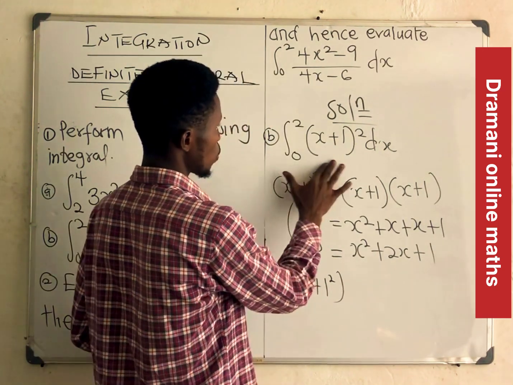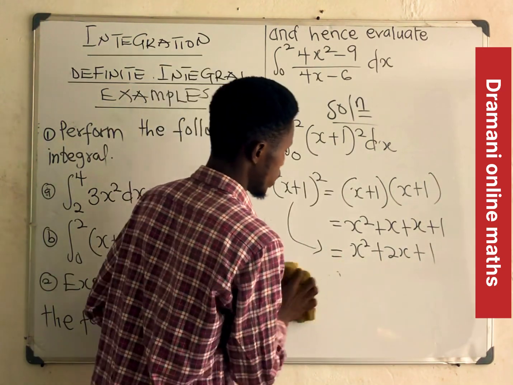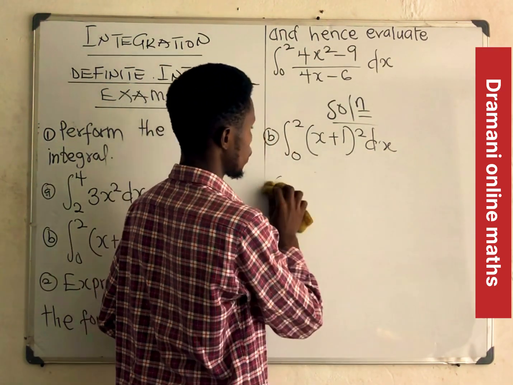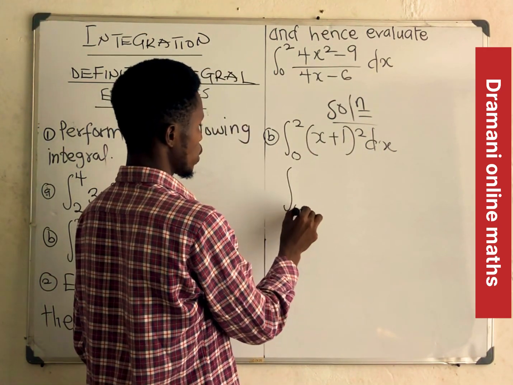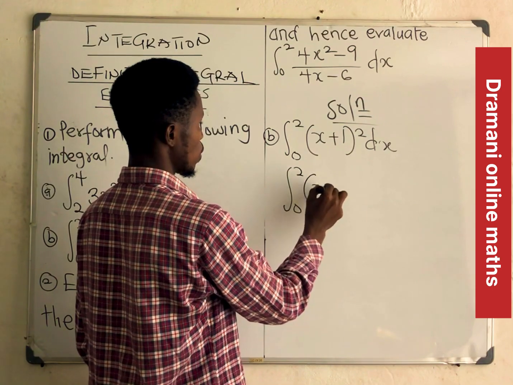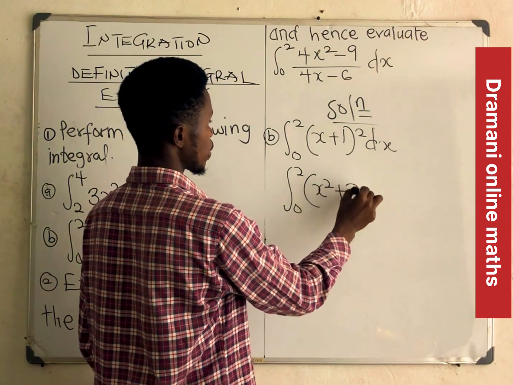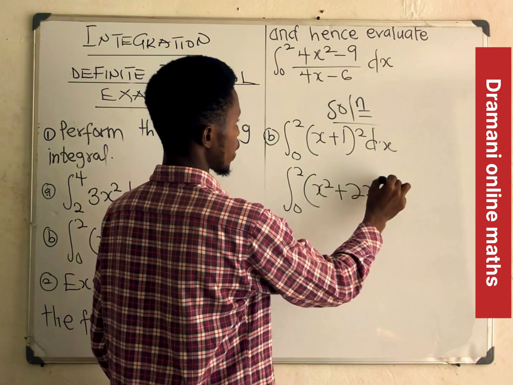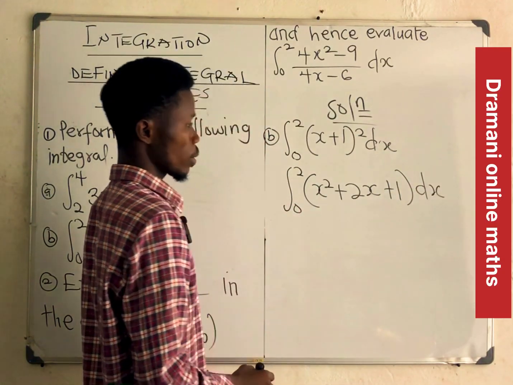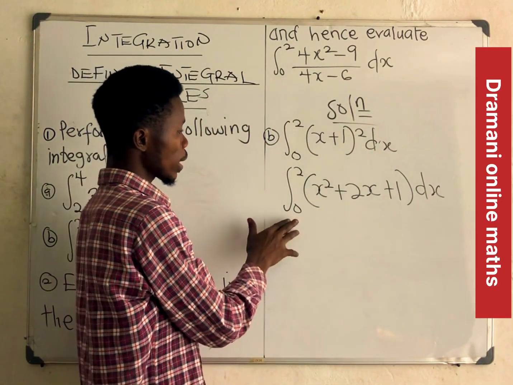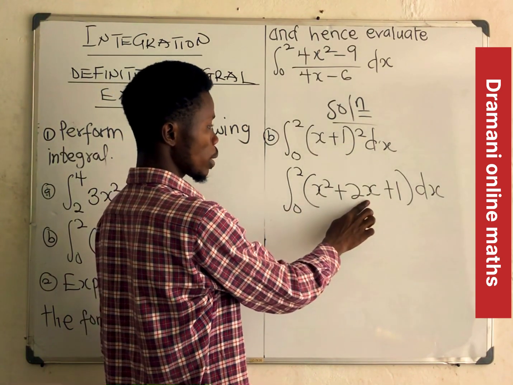So I'm going to replace the whole of this by what I've done here. So we have the integral from 0 to 2 of x squared plus 2x plus 1 dx. Here the idea is that we integrate this term by term.